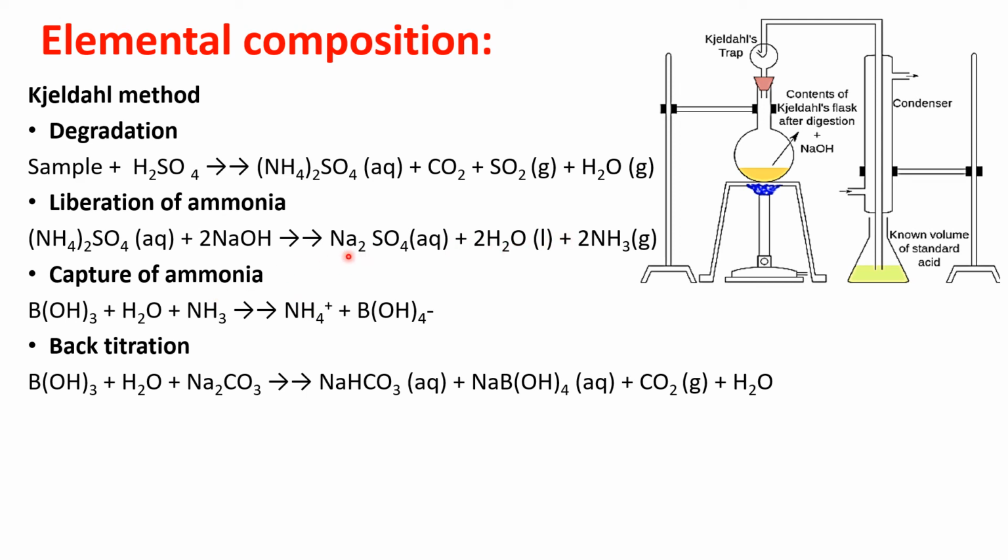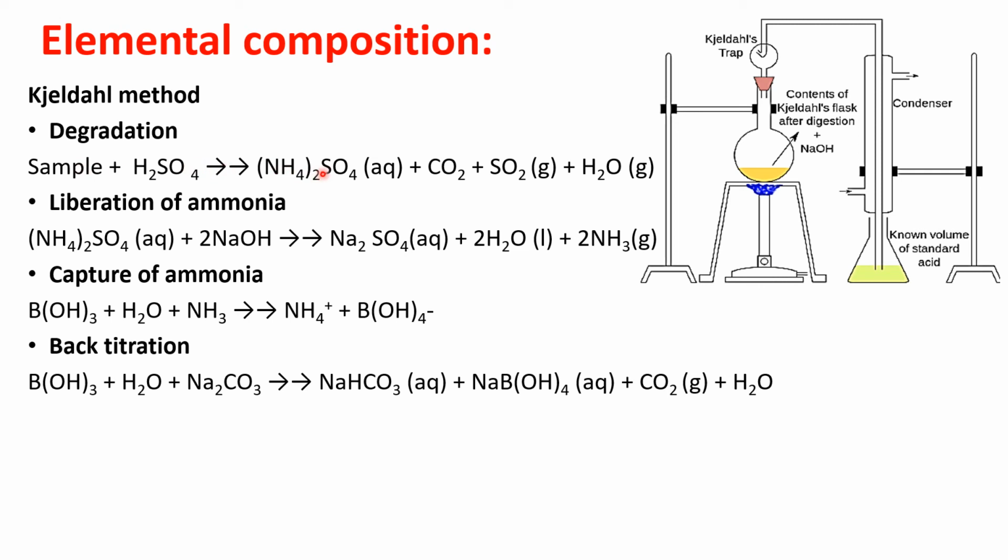And from where have these 40 ammonia come? They have been released from the ammonium sulfate. So if 40 ammonia were released, there were 40 ammonium sulfate molecules. And from where have these 40 ammonium sulfate formed? Here it is. 40 ammonium sulfate have been formed from the sample.